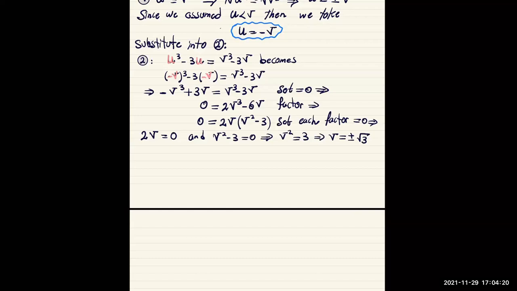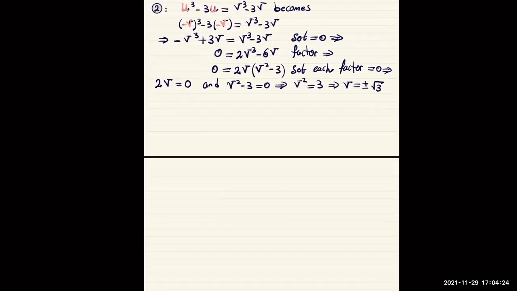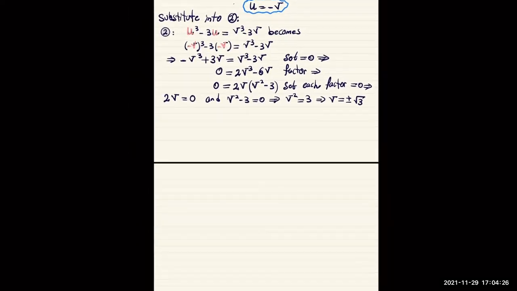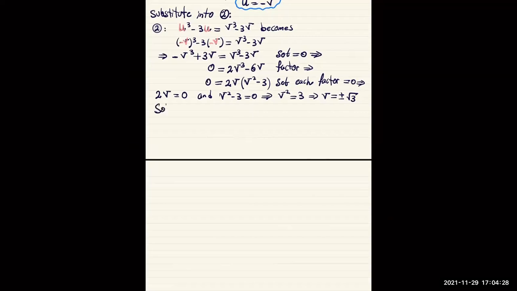Okay, so we have 3 solutions. We have v equal to 0 from this equation. Now, one of these solutions is going to be true. Let's see which.